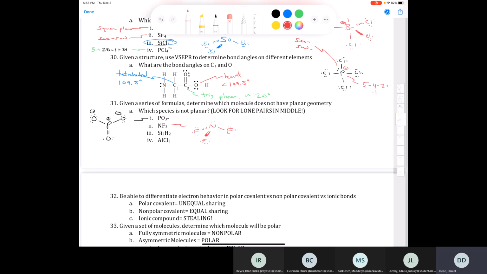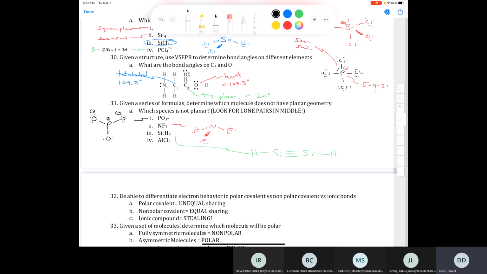Silicon hydride, Si2H2. It's going to look something like this. It's saying here, which molecule doesn't have a planar geometry? Well, I would say that this one isn't planar either. This one's linear, right?